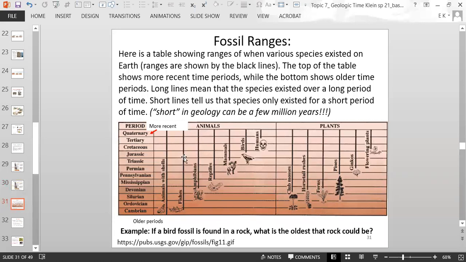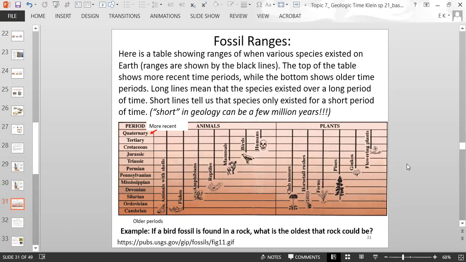When you have the longer lines, it means that the species existed over a long period of time. Short lines tell us the species only existed for a short period of time. But keep in mind, in geology, short could mean something like 10 million years. So short has a different connotation in geology.